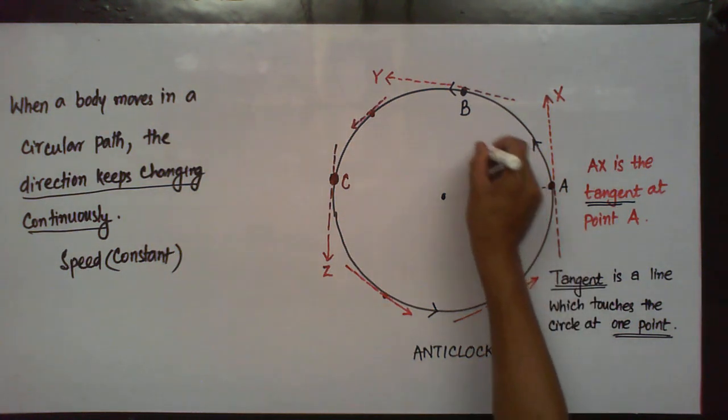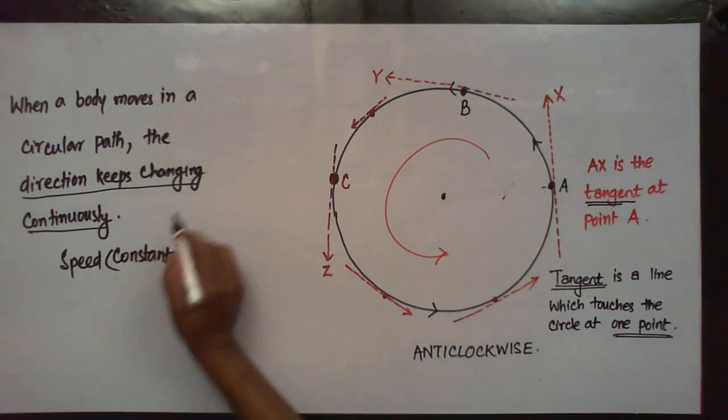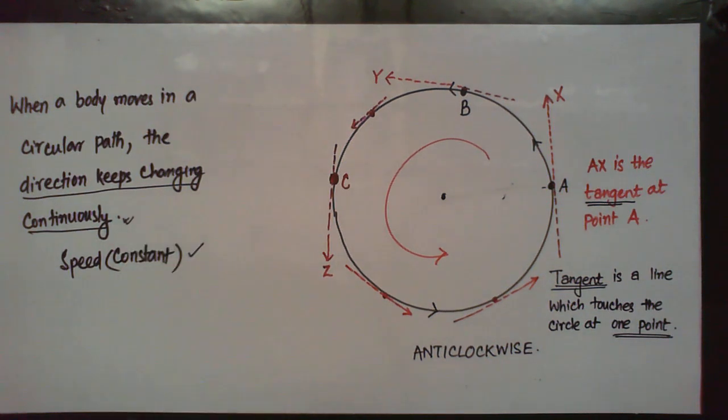So when the body is moving in a circular path, the speed remains constant every time. We have written the speed remaining constant. The direction keeps changing continuously. And what is the direction in which the body is moving?